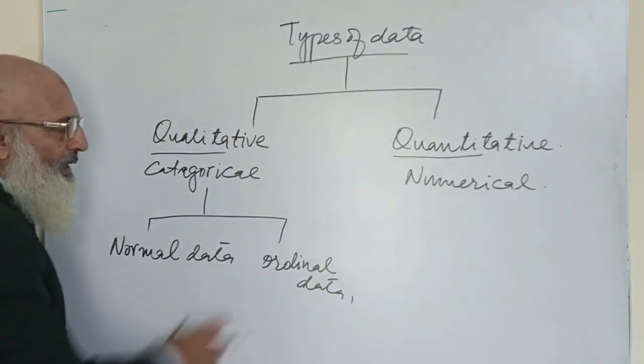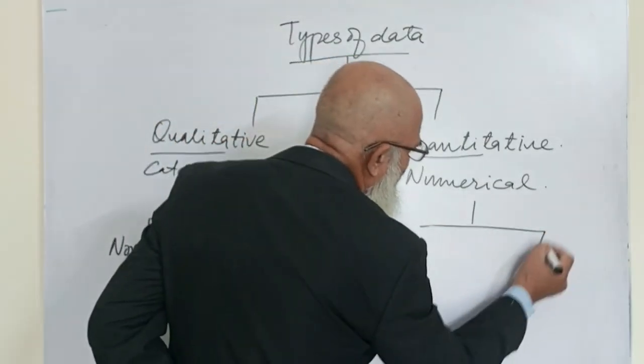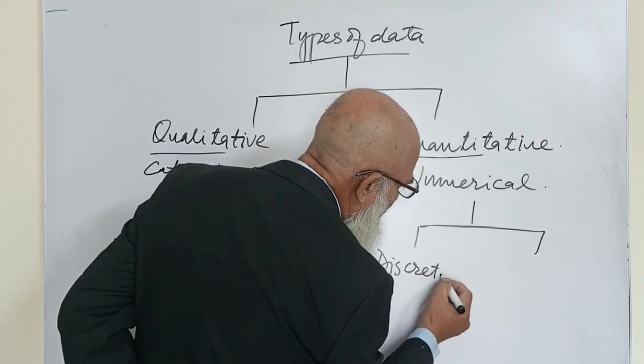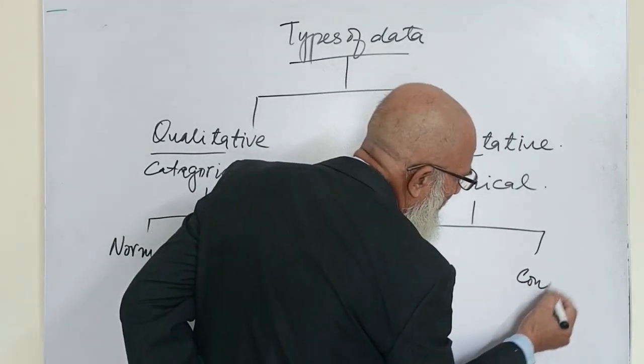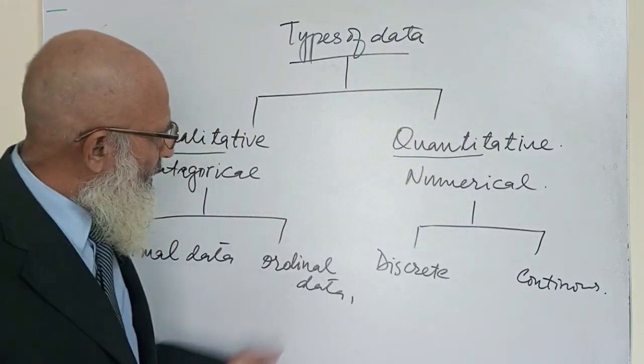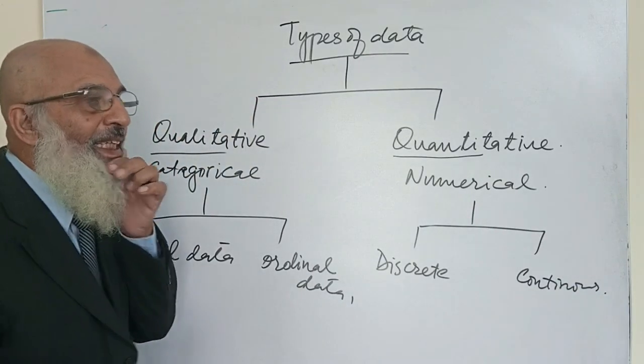These are nominal data and these are ordinal data. Whereas this we deal with discrete and continuous. Discrete and continuous.